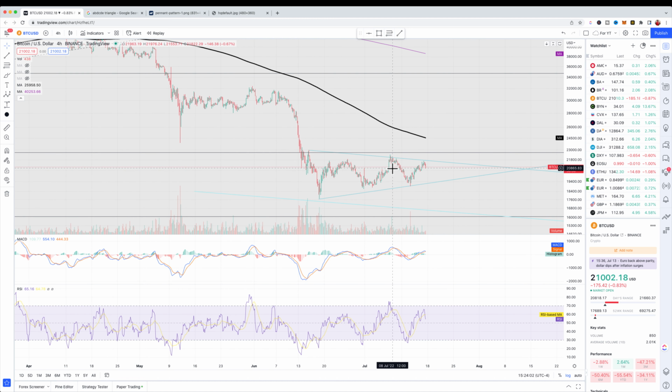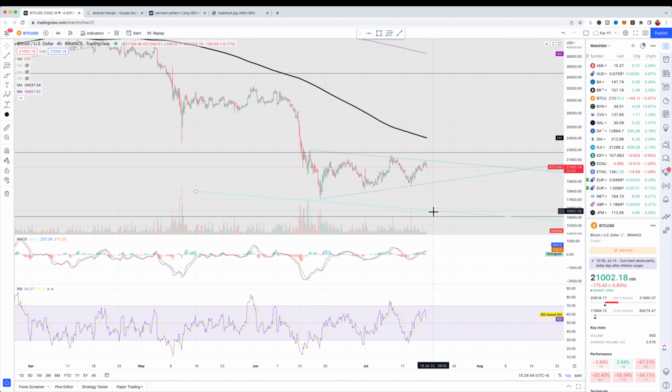And if it's a wave 4, then we will definitely see a wave 5 to the downside that will ultimately take out this low right here at around 17,600. So I would look to see that price come below and take out the previous low towards the start of this pennant pattern.